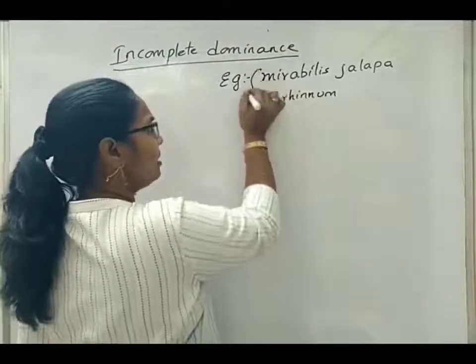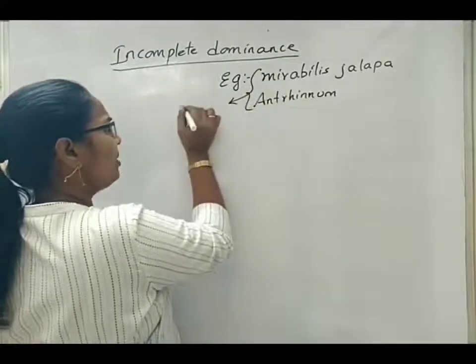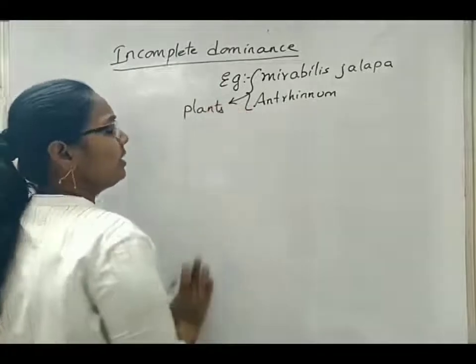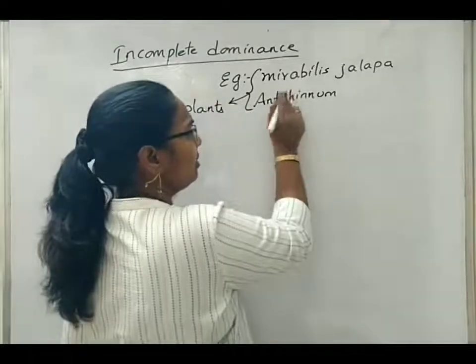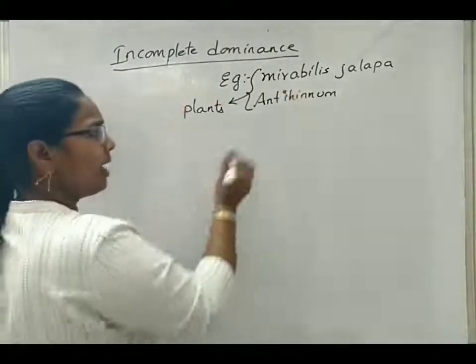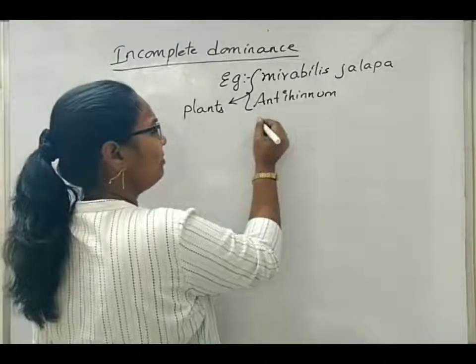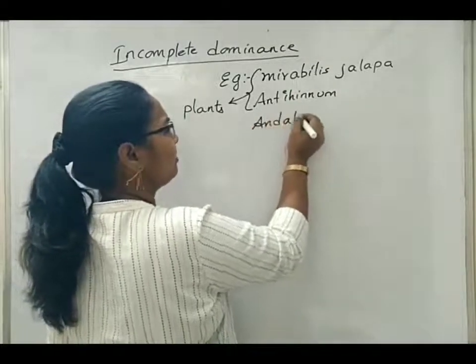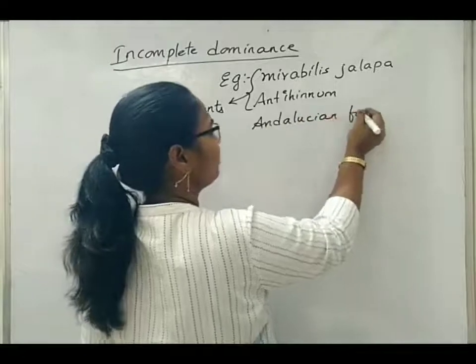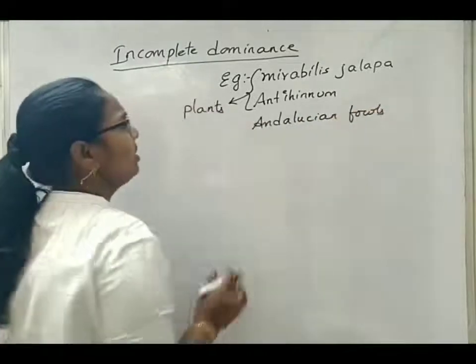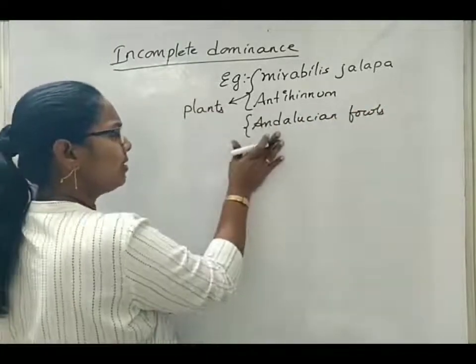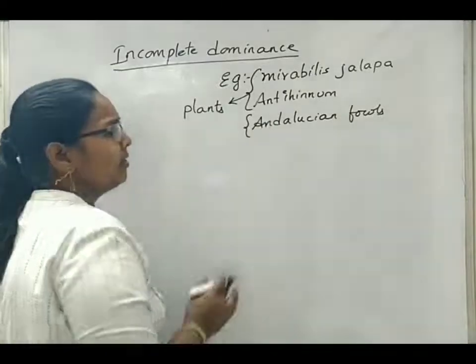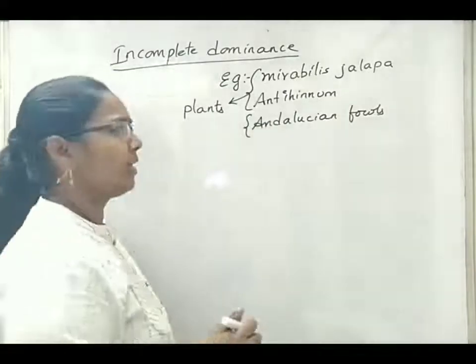These two are examples in plants. Another example, in animals, is Andalusian fowls. Now we will take all three examples and explain them in the form of a Punnett square.